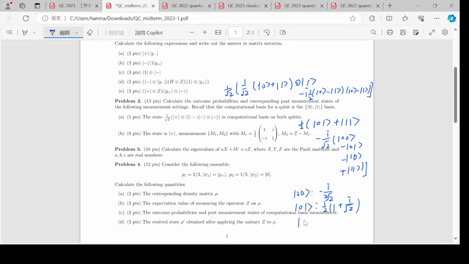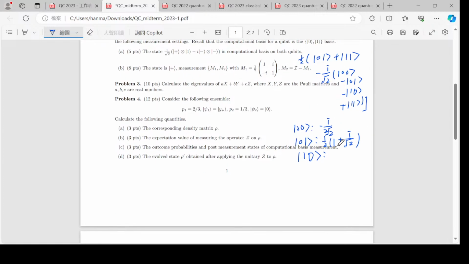For 10, the coefficient is just this term, plus i over square root 2.